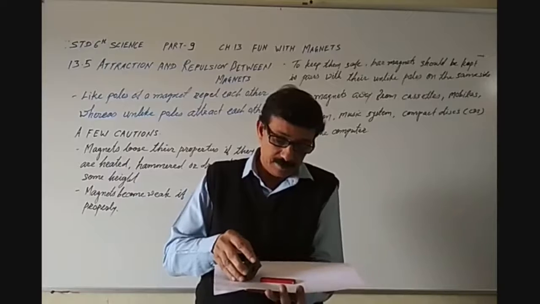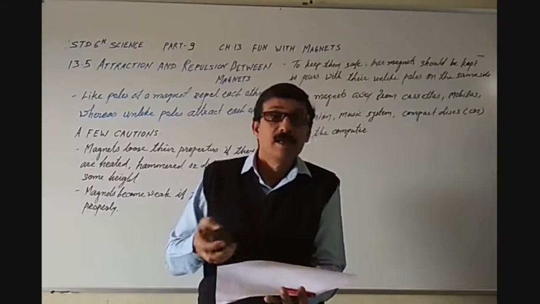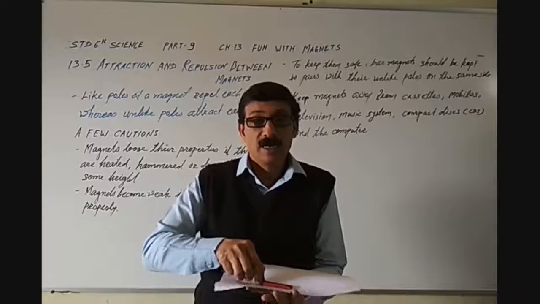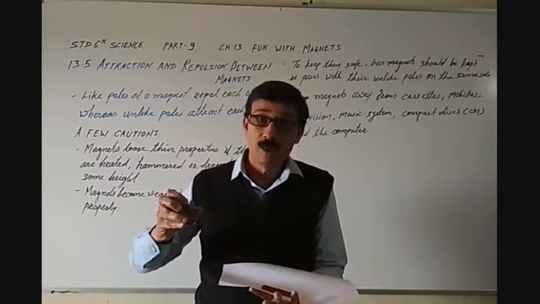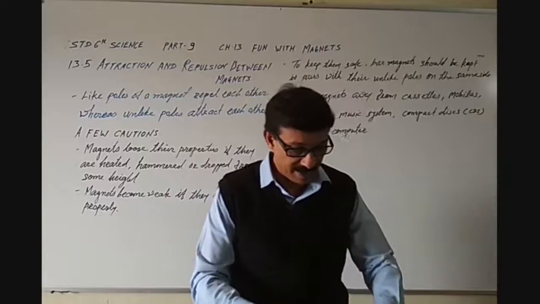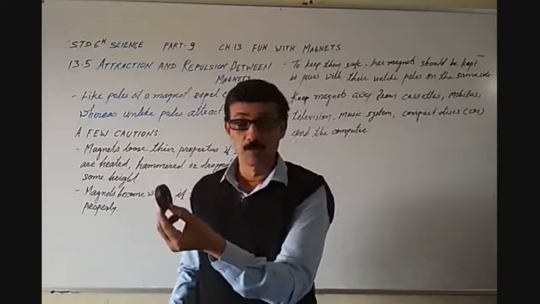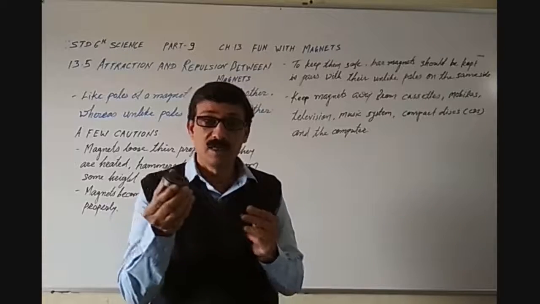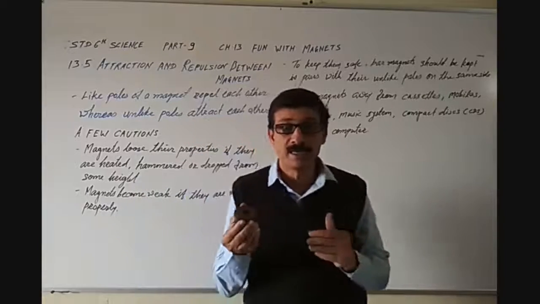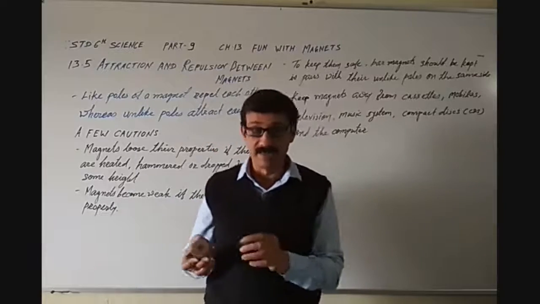Can you see? It is going away. That means this is the south pole of this magnet, and this is the north pole. So through this we can come to know which pole is where.